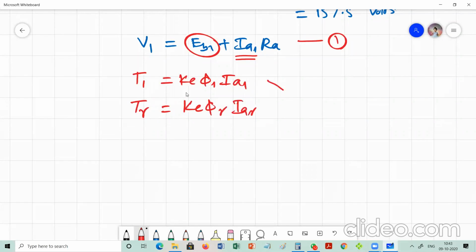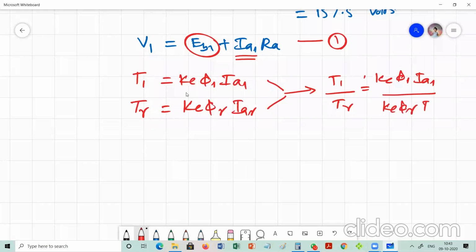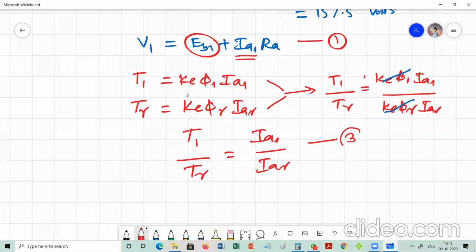So the ratio will be T1 by TR is equal to KE phi 1 IA1 divided by KE phi R IAR. Again for armature voltage control method, phi 1 is equal to phi R, so these two terms get cancelled and we get the equation T1 by TR is equal to IA1 by IAR. I will give this as equation number 3.